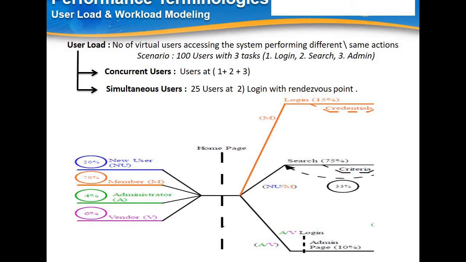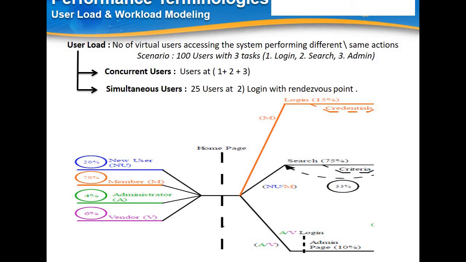When the homepage came, I put a rendezvous point where all 100 users came and waited. When all 100 users enter the application, they will click on the homepage link at the same time. After that, they will divide into different tasks.